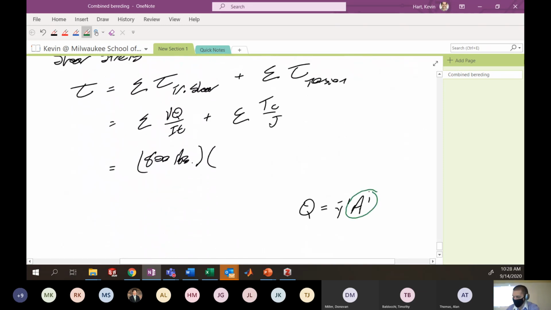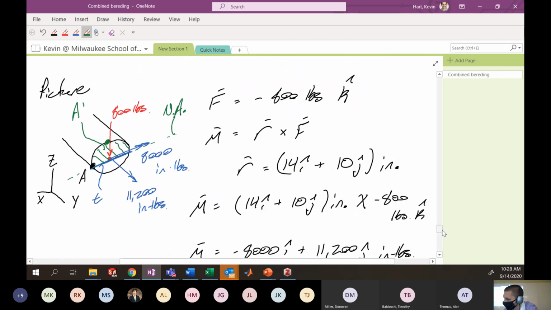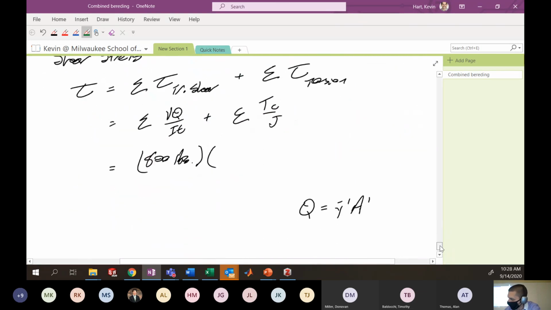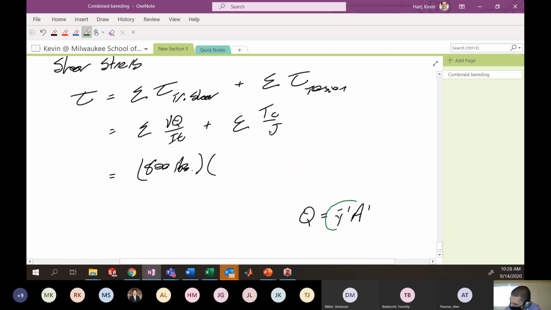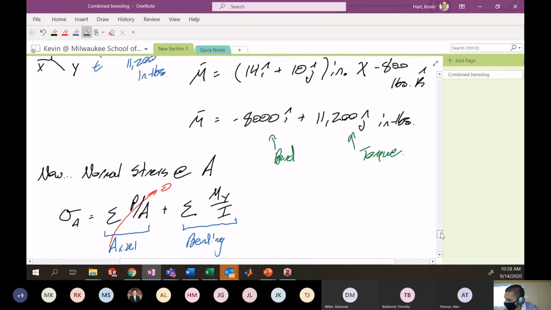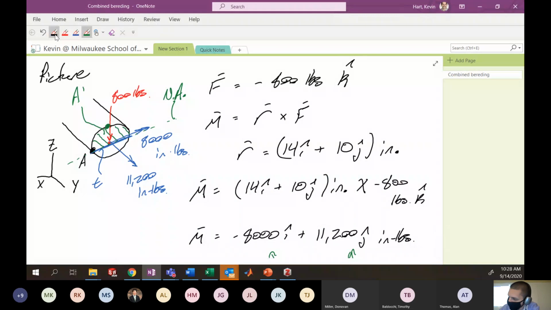It's the area above the line defined by little t. Now the y bar prime is the centroid of the area defined by A prime. Here that is the centroid of this green area, which lies right about here.